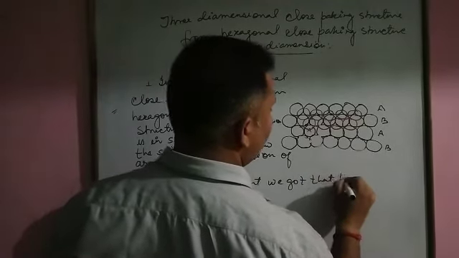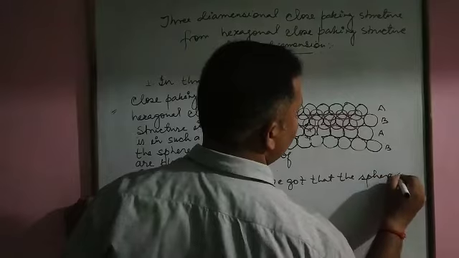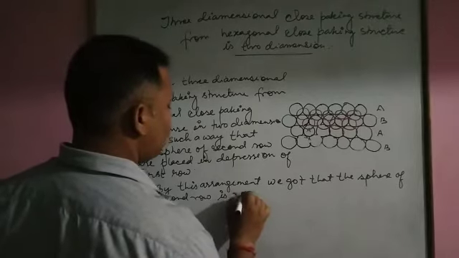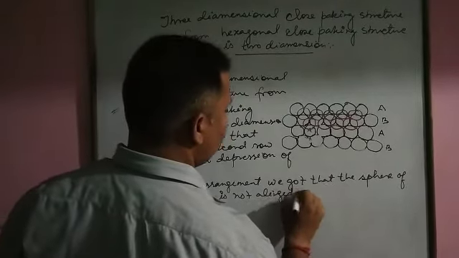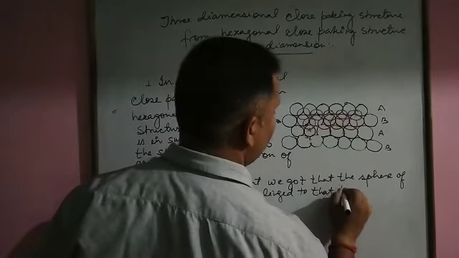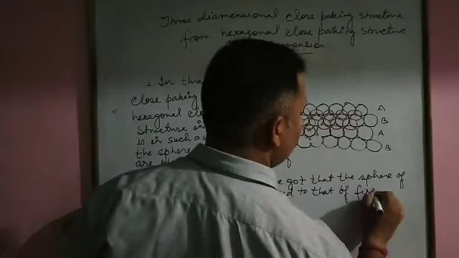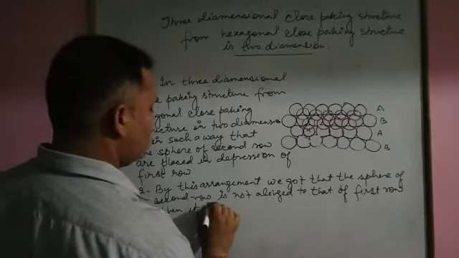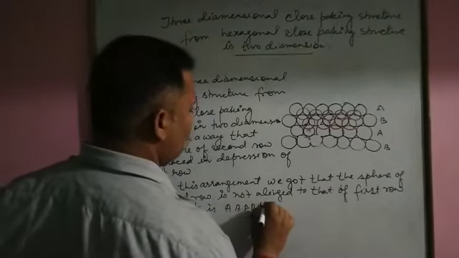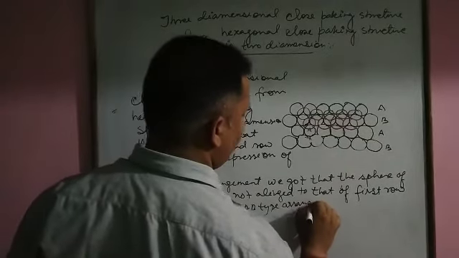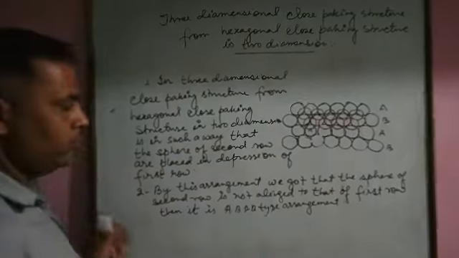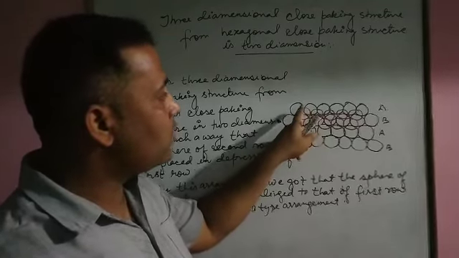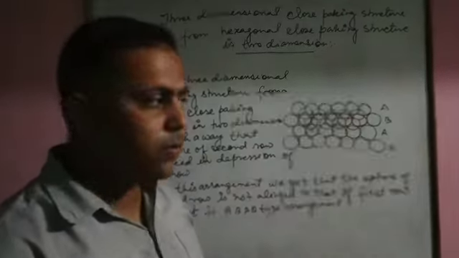By this arrangement, the spheres of the second row are not aligned to those of the first row, so it is an AB type arrangement. Next, when the atoms of the second row are placed over the depressions of the first row, a void is created.